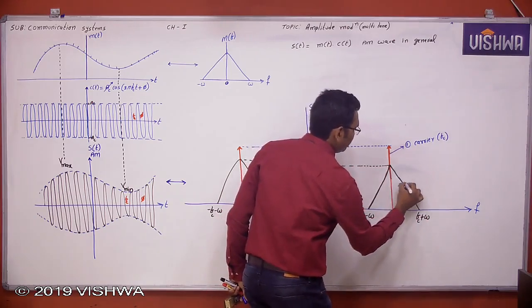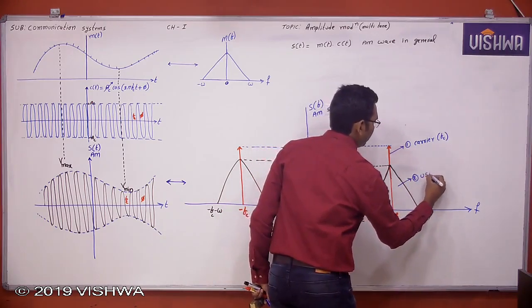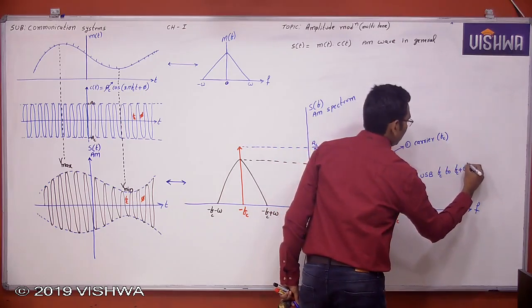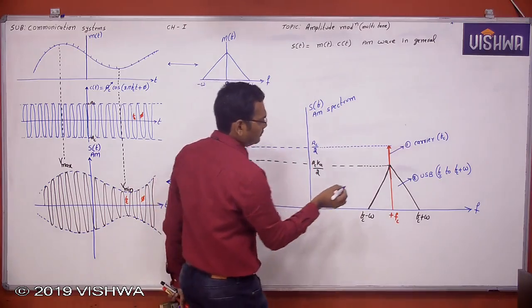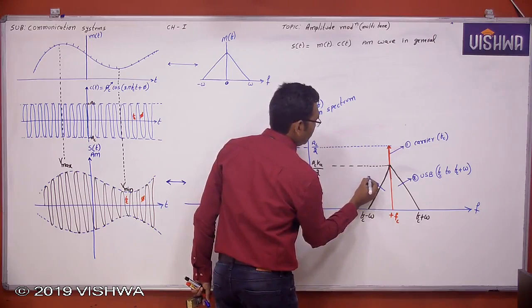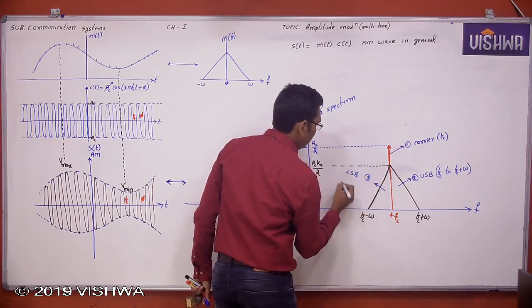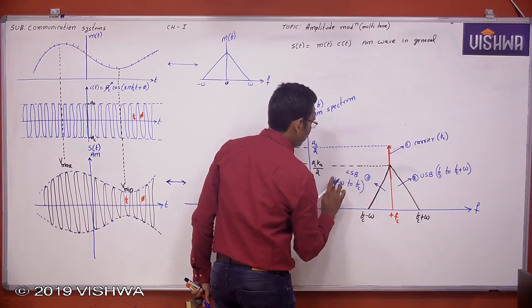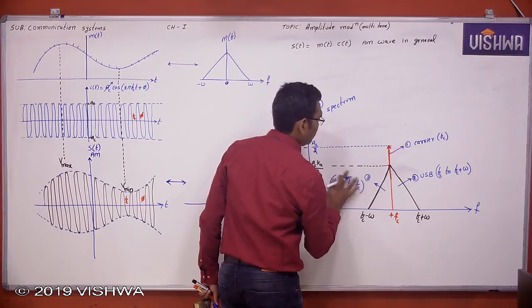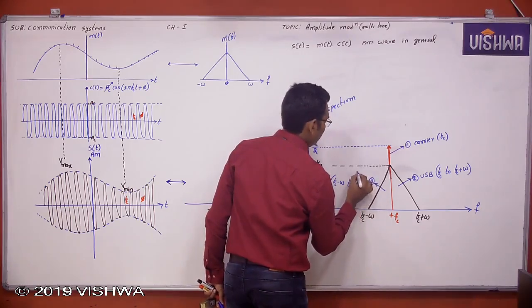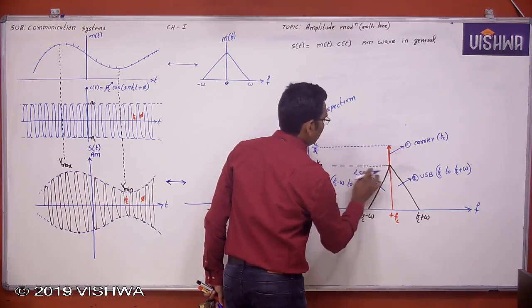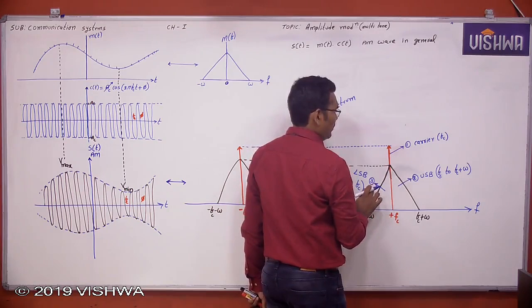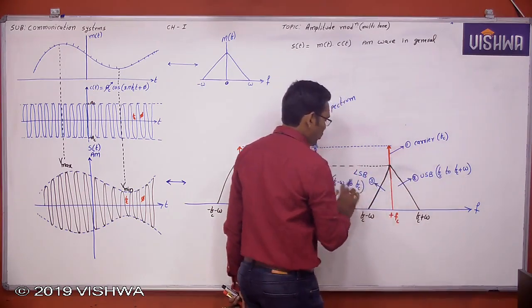Second one is the upper sideband, Fc to Fc plus omega. Third one is the lower sideband, Fc minus omega to Fc.